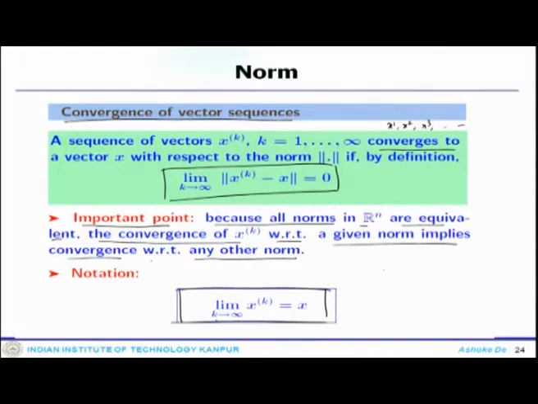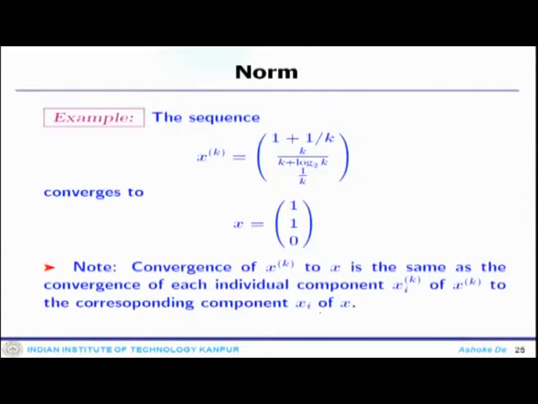Here, the property used is the equivalency. You can see that the convergence property uses the equivalency property of the norm, and that is why you can write this notation and say that convergence can be obtained. That is an example. You can see a sequence of vectors: the first is 1 plus 1 by k, the second is k by k plus log k, the third is 1 by k.